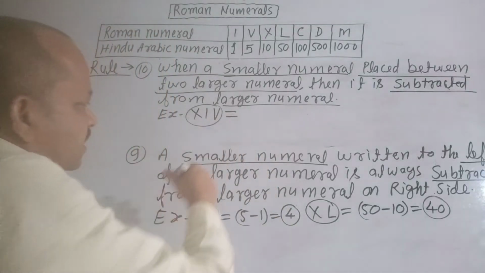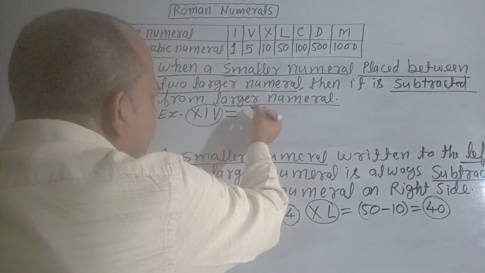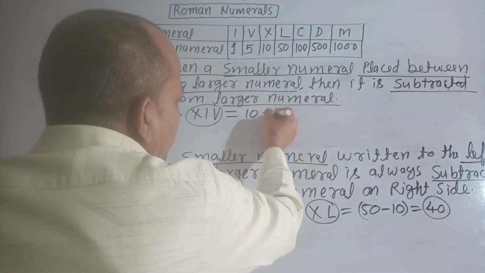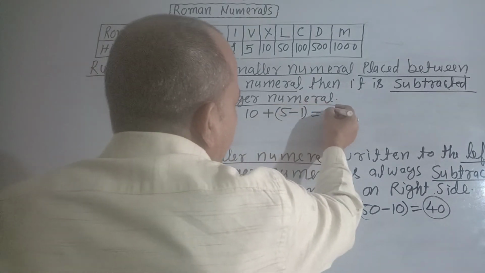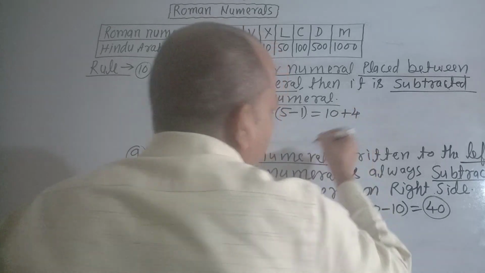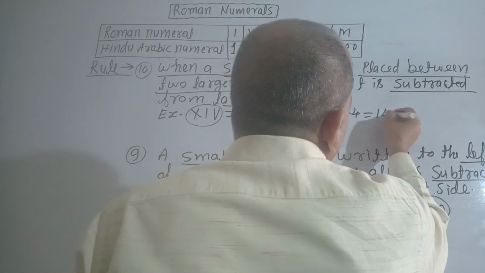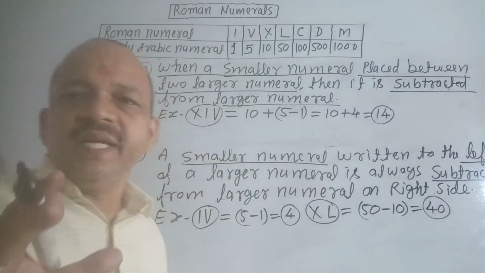Clear? You can write here 10 plus 5 minus 1. It becomes 10 plus 4 equal to 14. Clear?